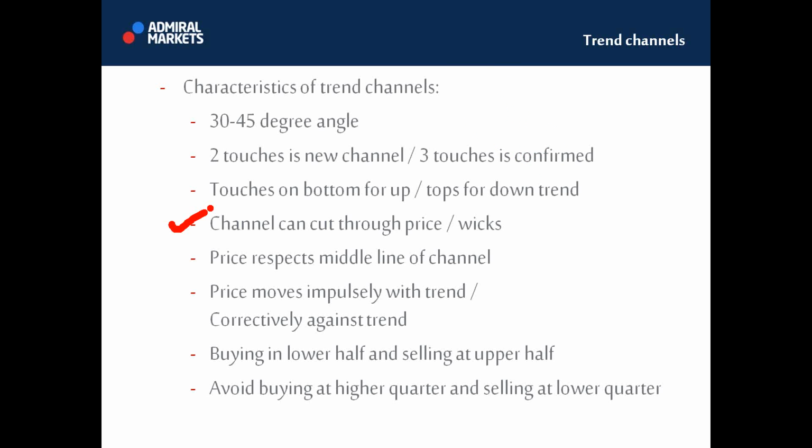That's fine. You sometimes get exaggerations of price that push through the tops of an uptrend channel or push through the bottom of a downtrend channel. And Elliott wavers call them overthrows. Maybe other traders do that as well.